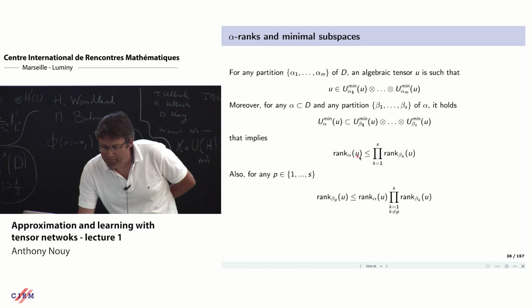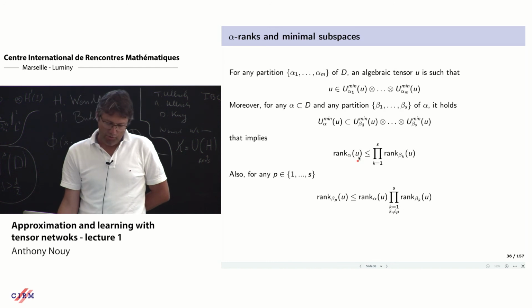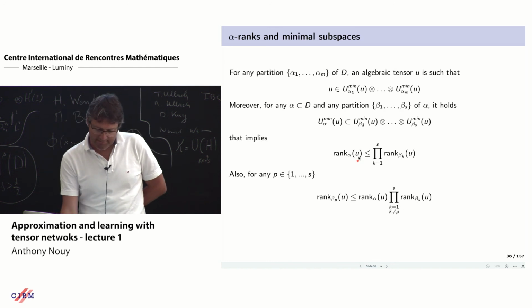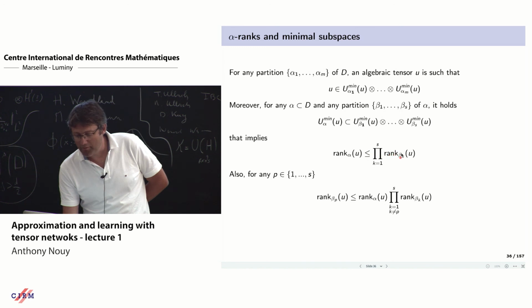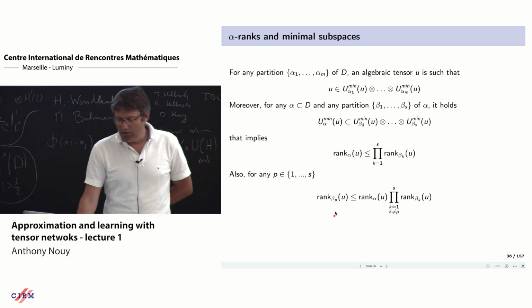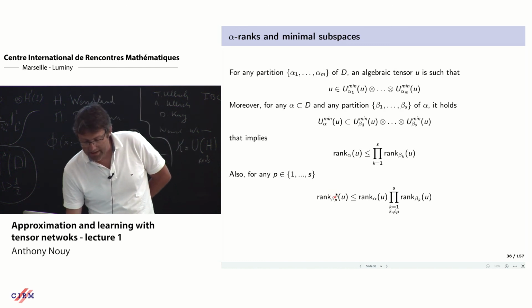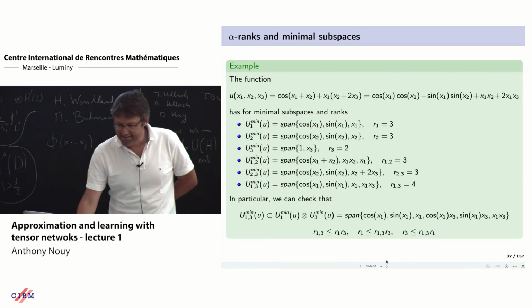And this implies an interesting property that you will need to analyze the properties of the tensor formats that I will introduce: the alpha rank of u is bounded by the product of the beta k ranks of u, for beta k forming a partition of alpha. And you also have an additional property that comes from these inclusions. You can also bound the rank of an element of the partition of alpha by a product of ranks like this. And then you have an example here.